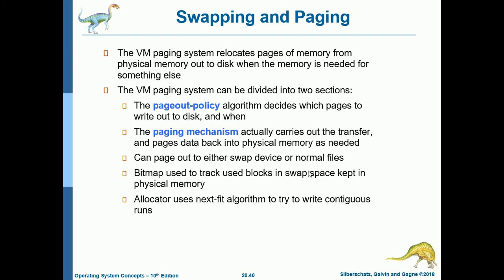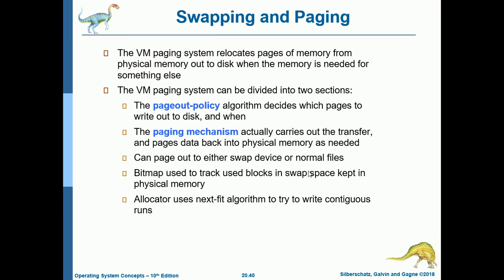The VM paging system relocates pages of memory from physical memory out to disk when the memory is needed for something else. The VM paging system can be divided into two sections. The first section, the page out policy algorithm, decides which pages to write out to disk and when.